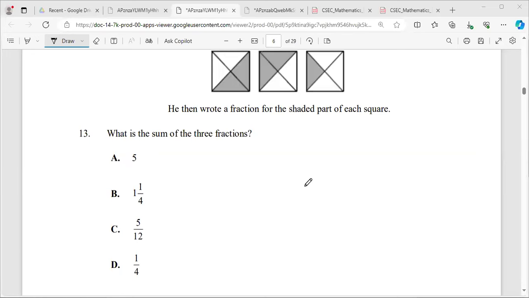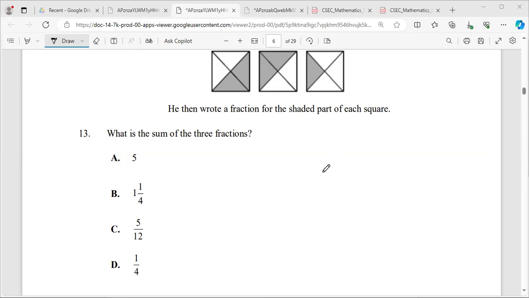So it says he wrote a fraction of the shaded part for each square, and we want the sum of the 3 fractions. So first we count the shaded parts for each square. For the first square, the number of shaded parts is 2.